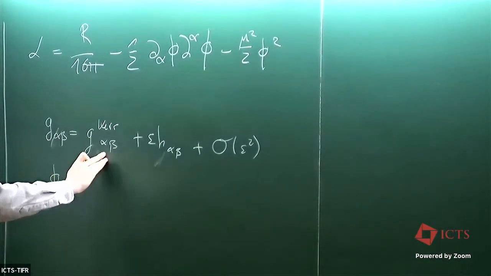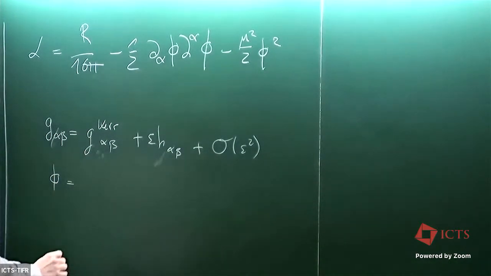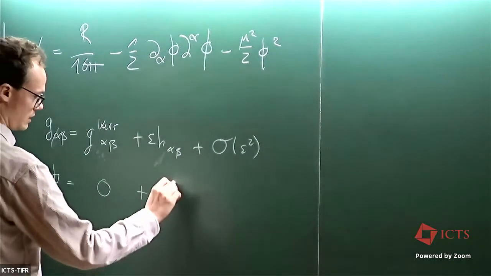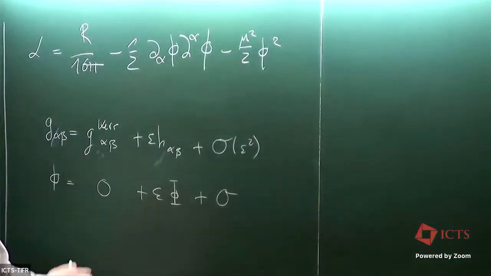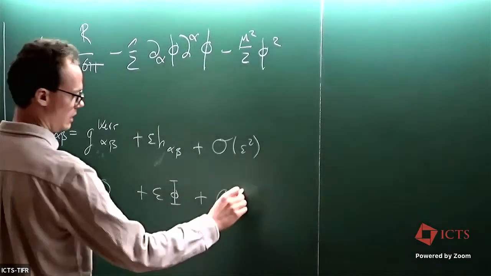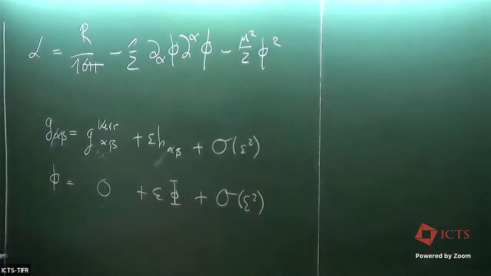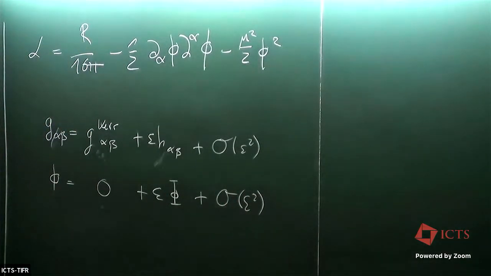So it's just the Kerr at 0th order and then some perturbation h alpha beta, plus a linear perturbation to the basically 0th order solution, which is 0 of the Klein-Gordon equation. Okay? And so then we realized that the underlying equations for those two decouple completely. And so we can just study the 2 degrees of freedom completely separately.